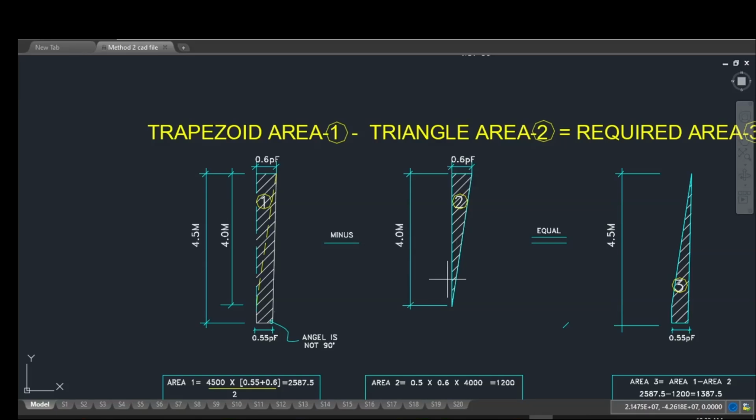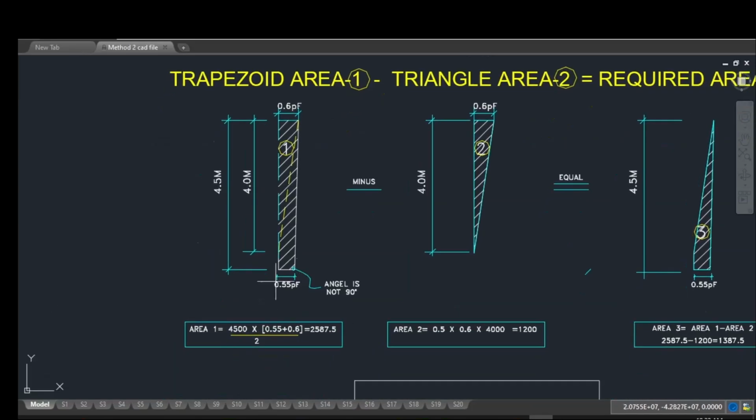We will call this area 2. Now the area that we need is simply that trapezoidal area 1 minus the triangular area 2, and that's it really.